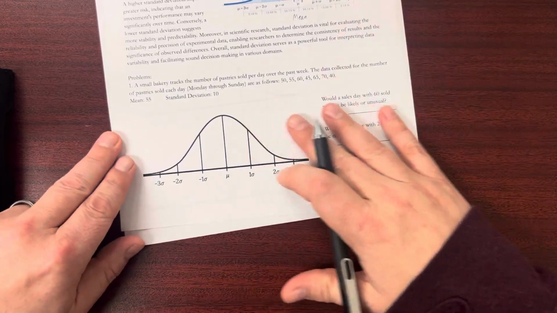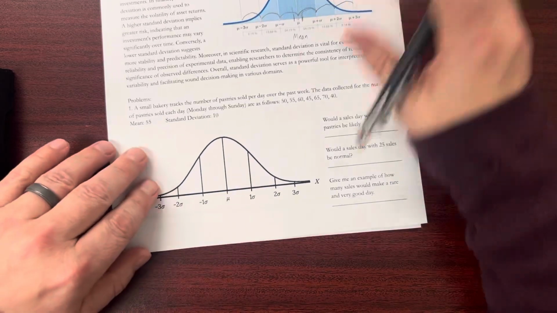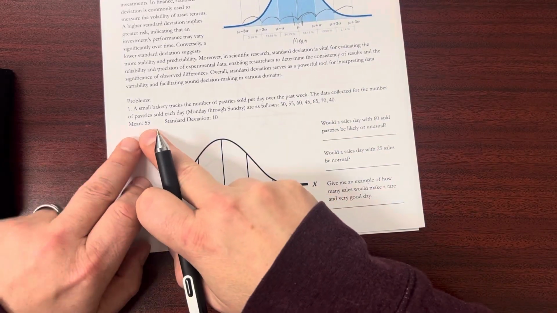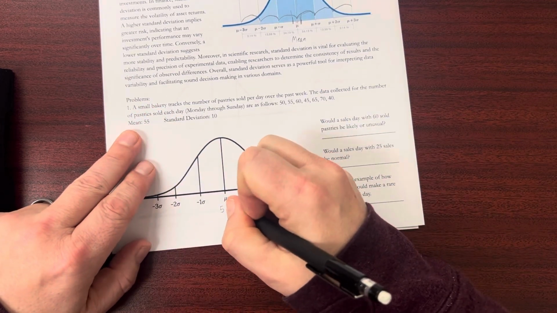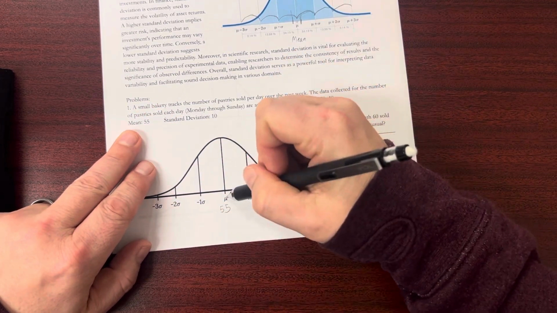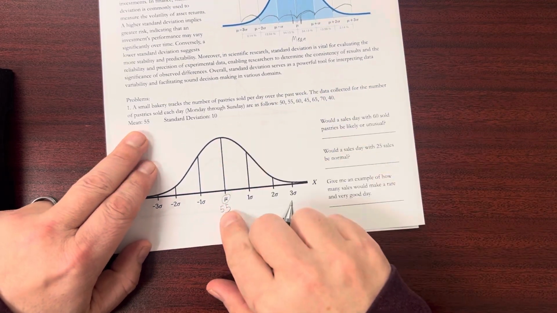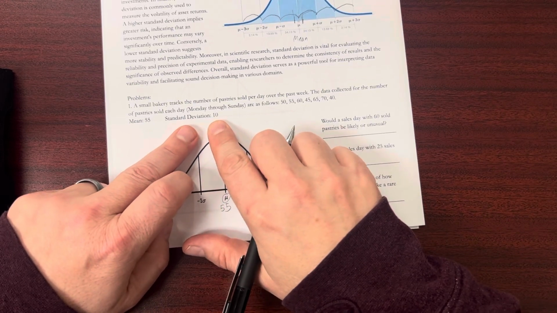So the first thing you're going to do on all of these examples is write where the mean is. So in this first problem, the mean is 55, and this symbol here is where we write it. It's right in the middle. And then it says standard deviation of 10.